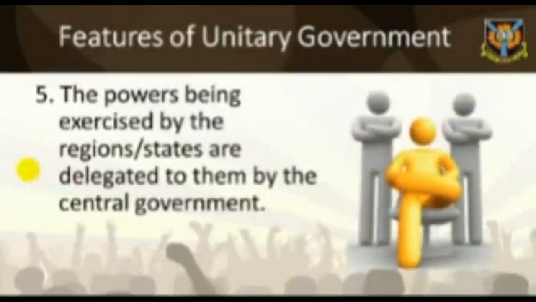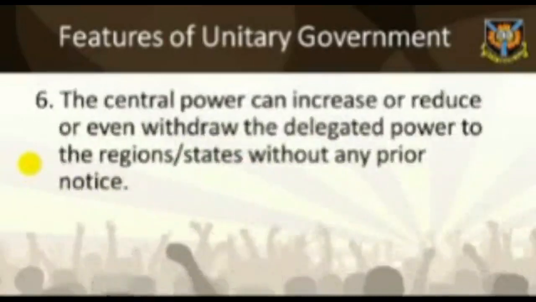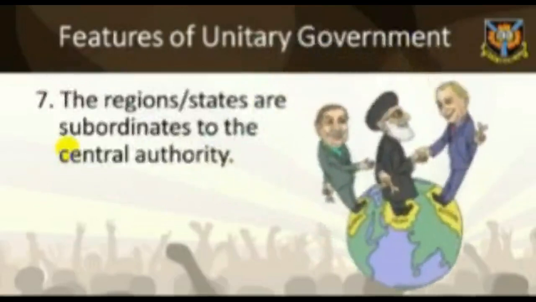The powers being exercised by the regions or states are delegated to them by the central government. 6. The central power can increase or reduce or even withdraw the delegated power to the regions or states without any prior notice. And 7. The regions or states are subordinate to the central authority.